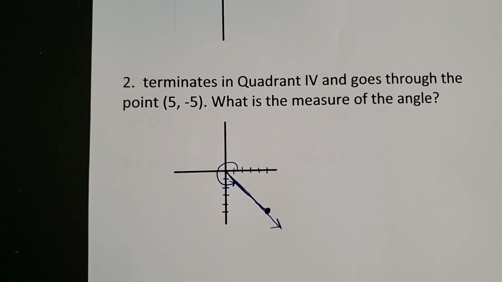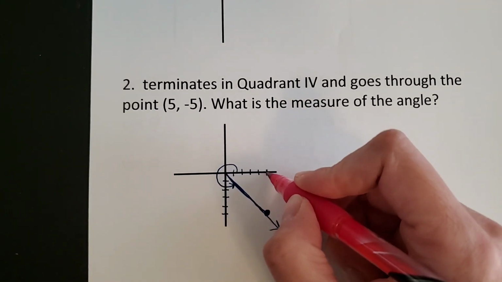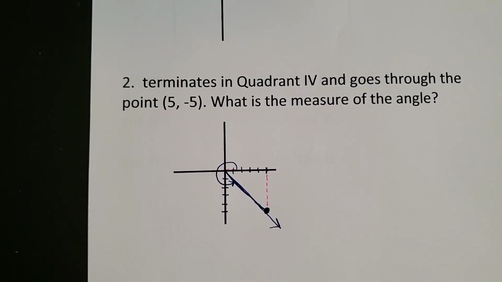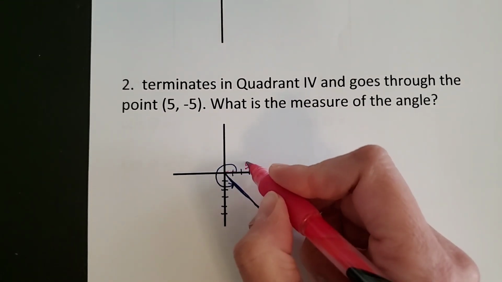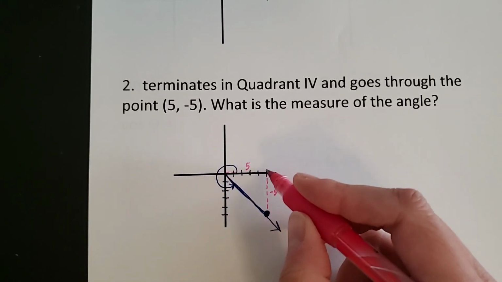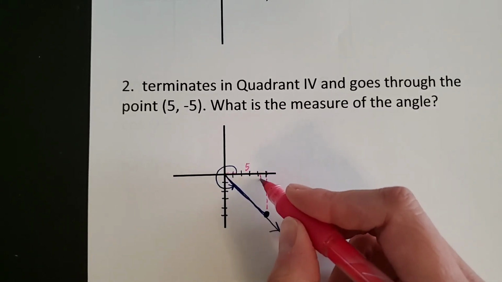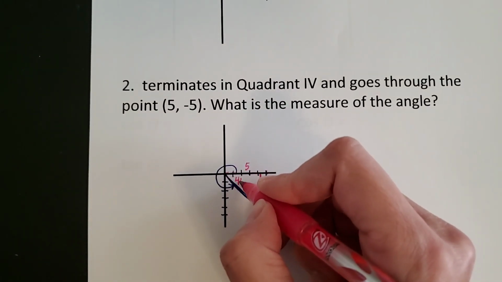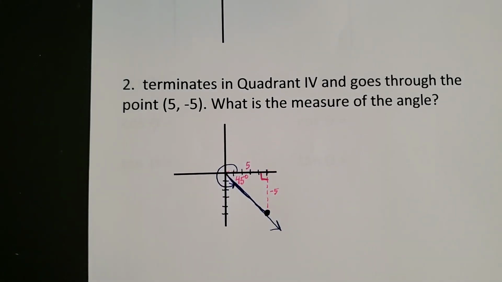Well, the question is, what's the measure of that angle? Well, it sort of goes back to the idea that I could, to the horizontal, draw this triangle, and this has a length of 5, and this went down 5, so it actually has a length of 5. Notice it's a 45, 45. This is a 90 degree right here. 45, 45, 90 triangle. So this must be 45 degrees right there.